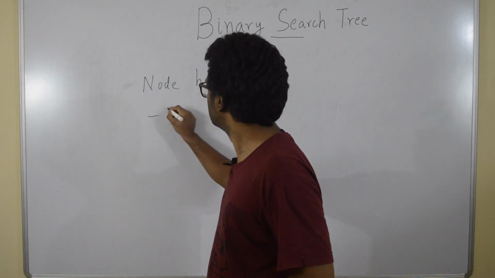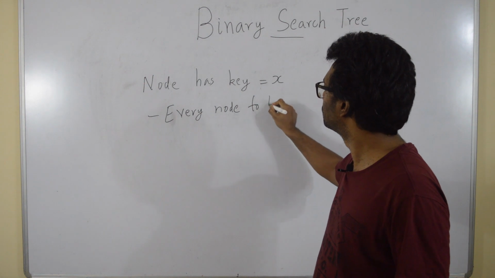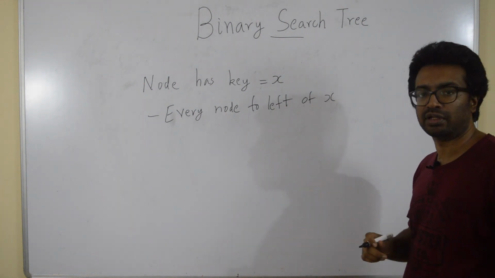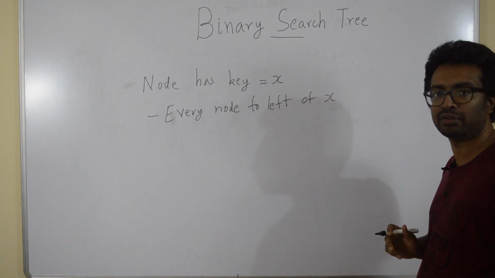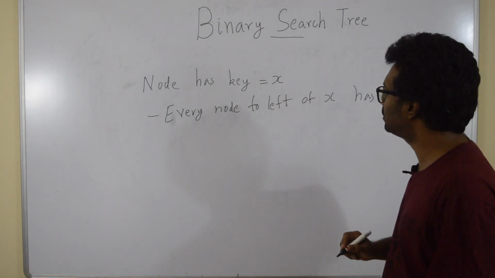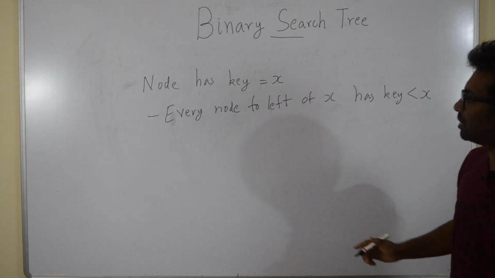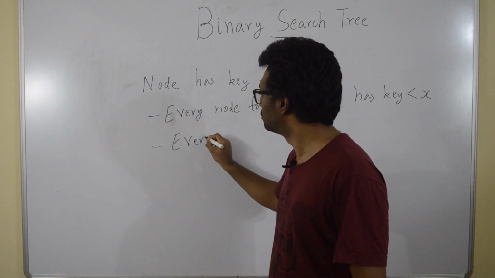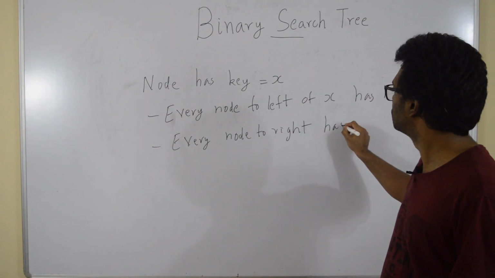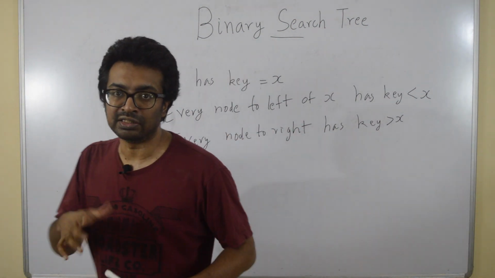So basically I'm saying every node to the left of this particular node has key less than x, and every node to the right of x has key greater than x.